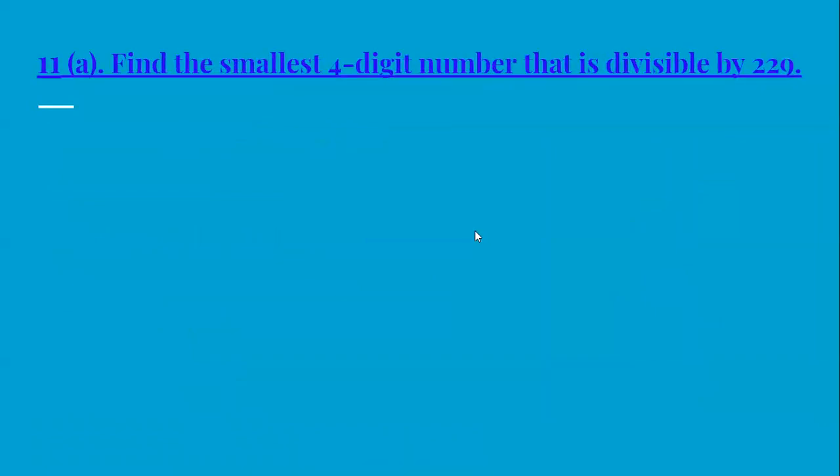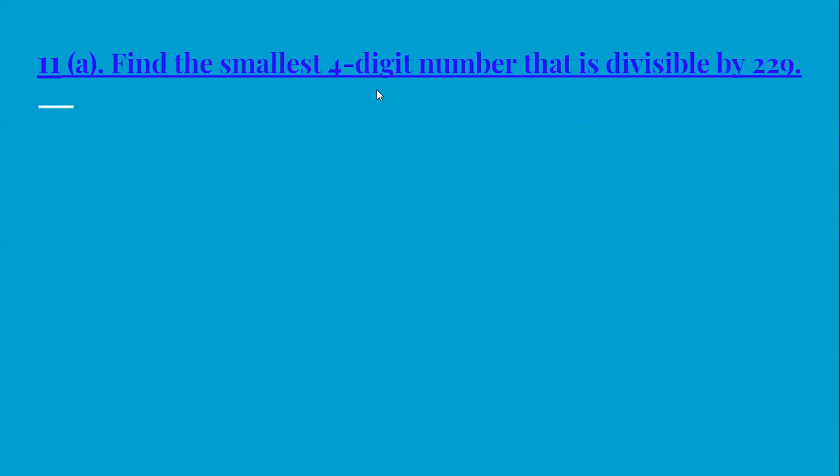The next sum, 11th A: find the smallest 4-digit number that is divisible by 229. Now, the smallest 4-digit number is 1000.